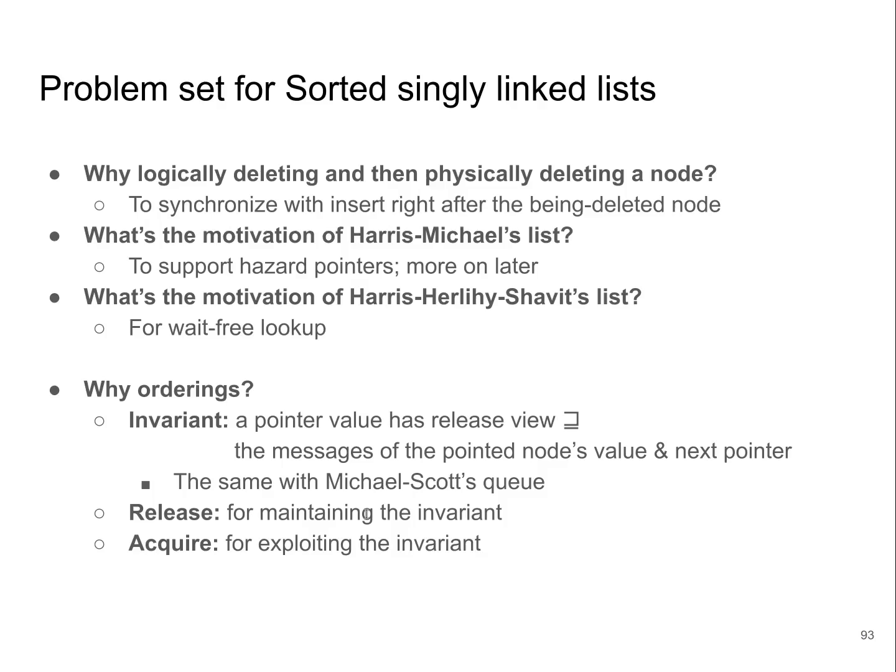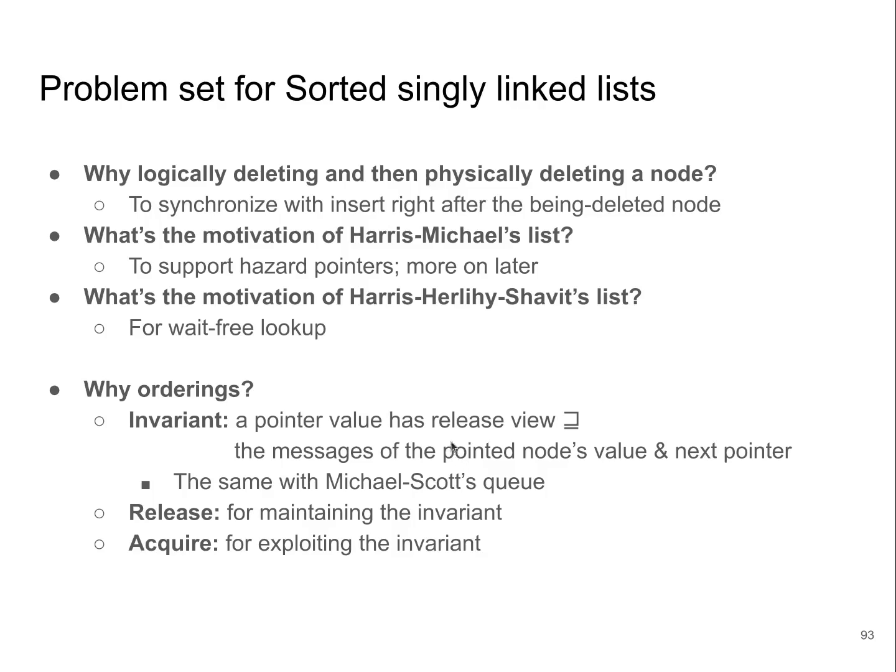So to maintain this invariant, we are using the release here. So far so good. And the reason why we should do acquire here is almost the same as the reason why this should be acquired. We are traversing the list, so we need to make it an acquire.